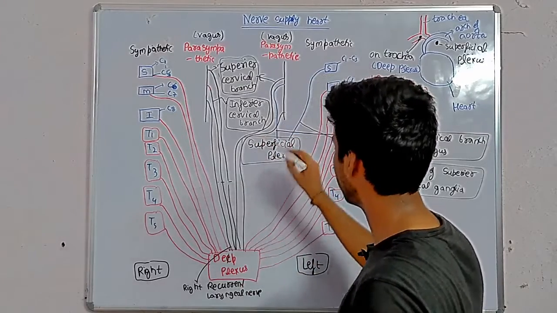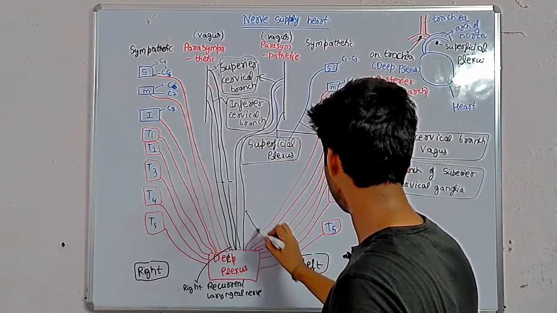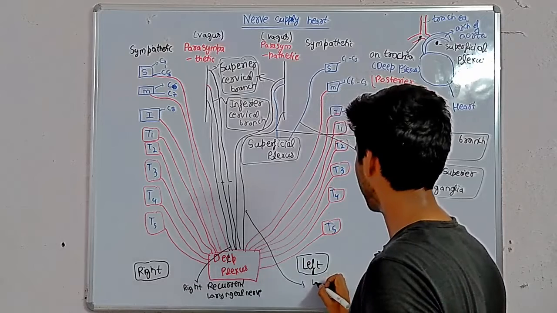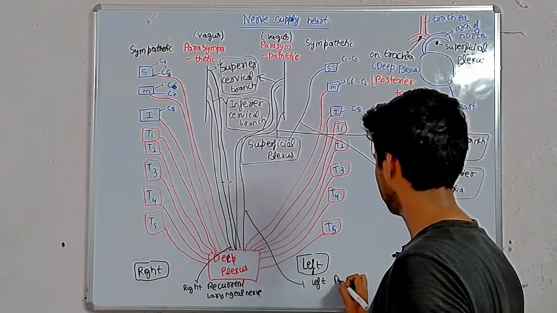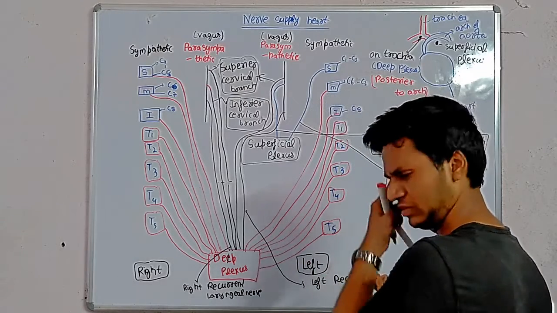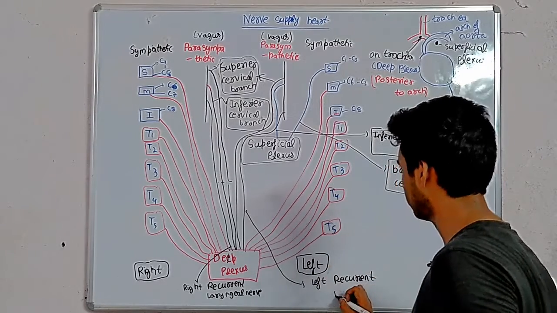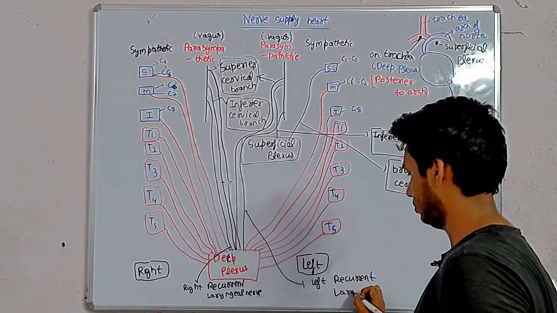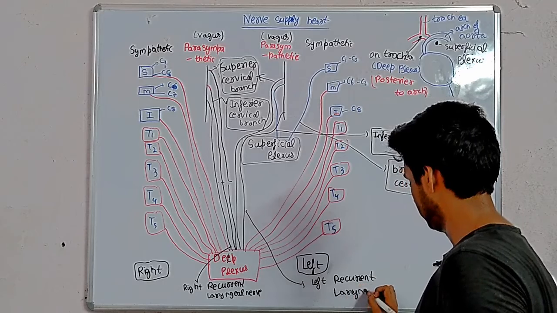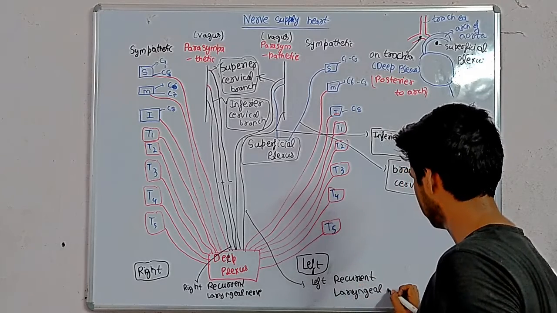This is the right recurrent laryngeal nerve and this is the left recurrent laryngeal nerve.